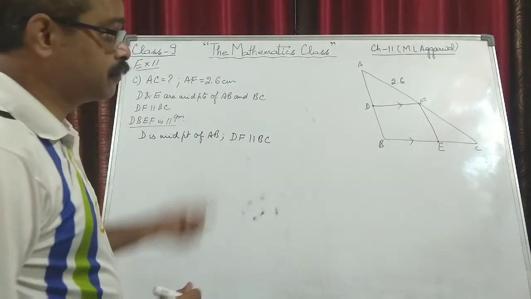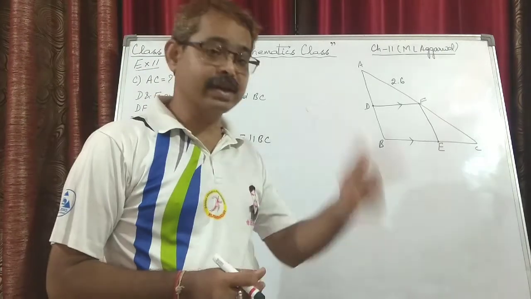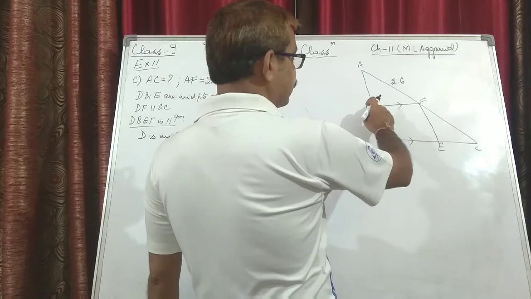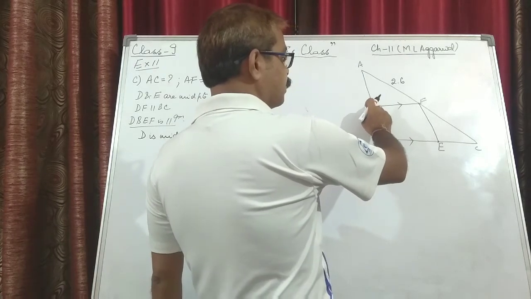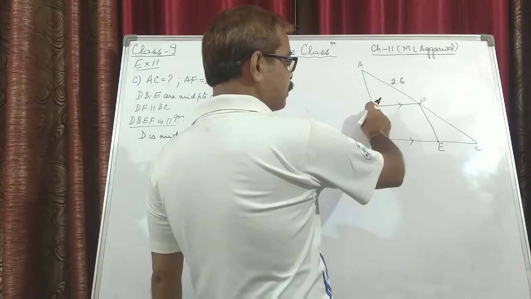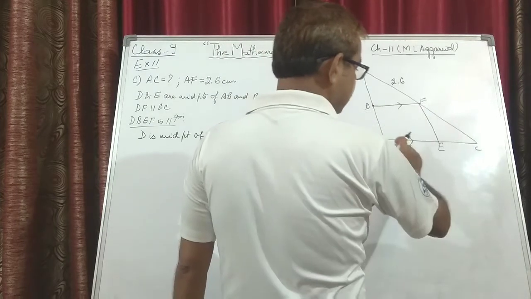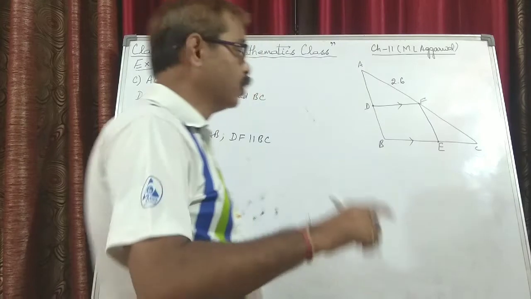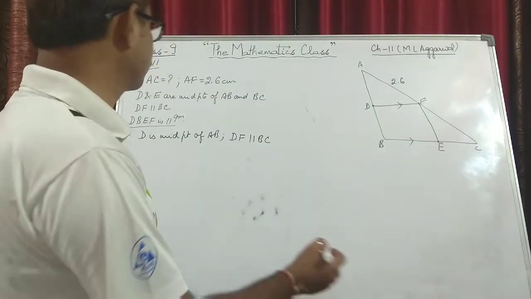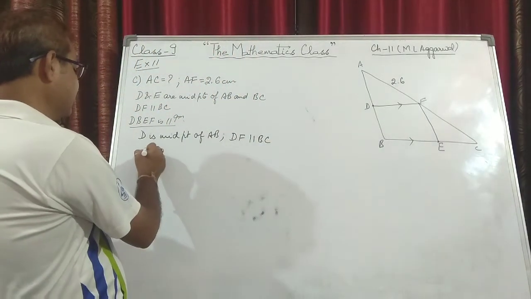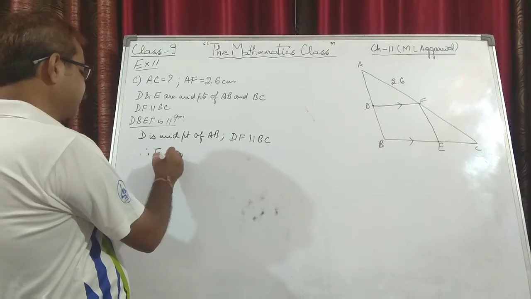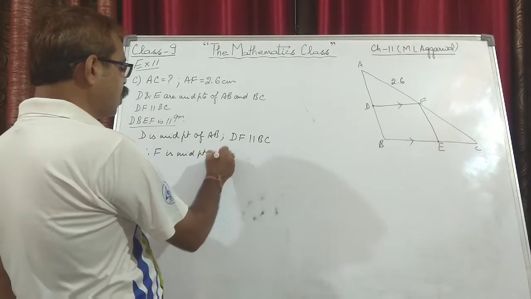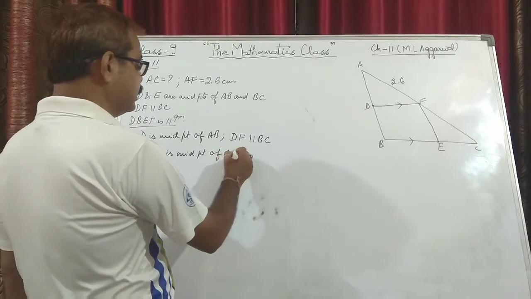We know with the help of the converse of the midpoint theorem that if a line is moving from the midpoint of one side of a triangle and is parallel to the second side, it bisects the third side also. That is the converse of the midpoint theorem. So we can say, therefore, F is the midpoint of AC.